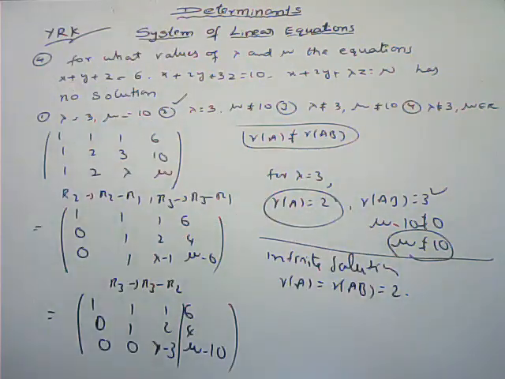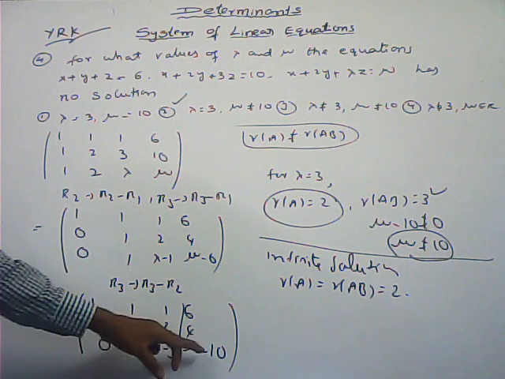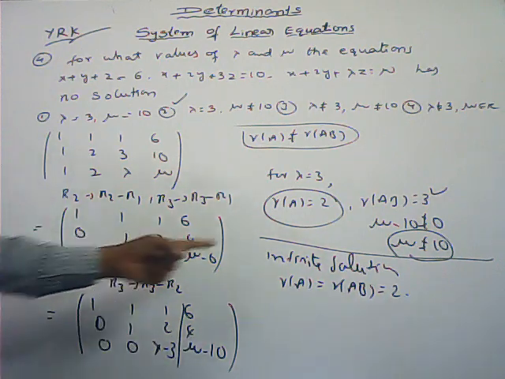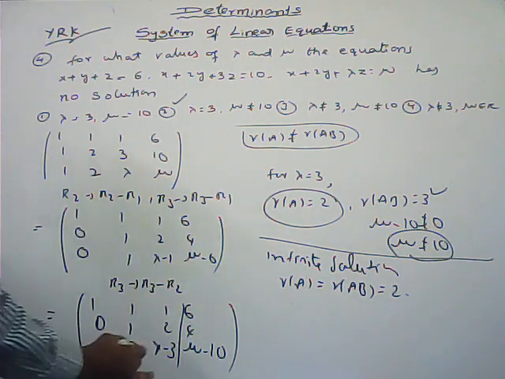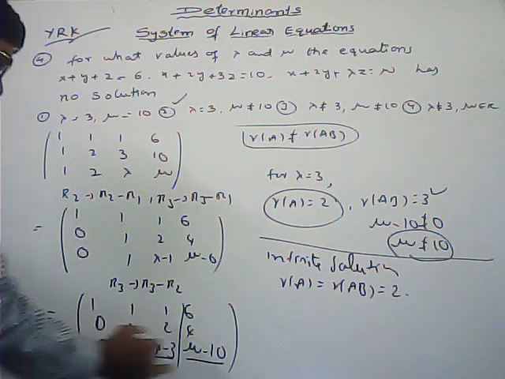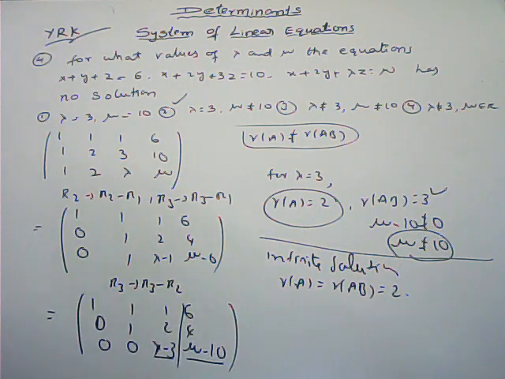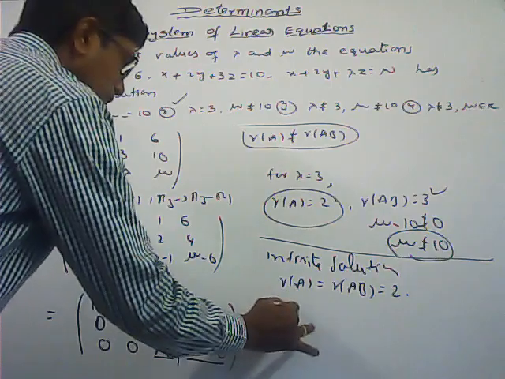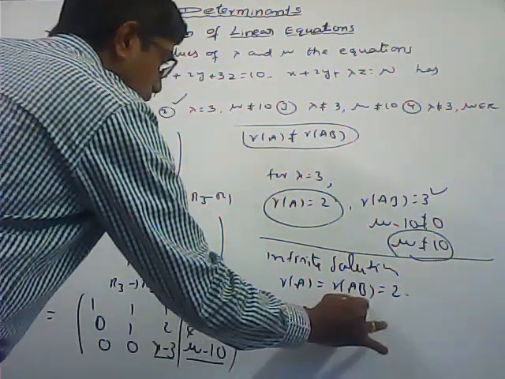Infinitely many solutions means rank of A is equal to rank of augmented matrix, both are 2 only. So whenever they ask infinitely many solutions, last row all the elements should be equal to zeros only. So lambda is equal to 3 and mu is equal to 10.